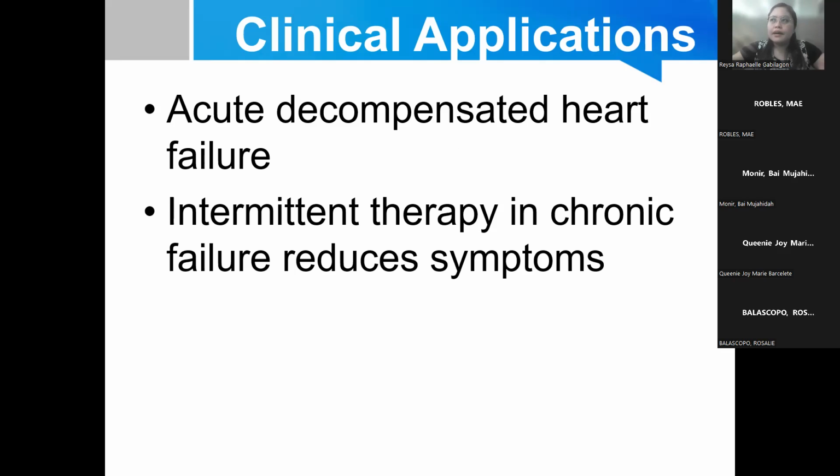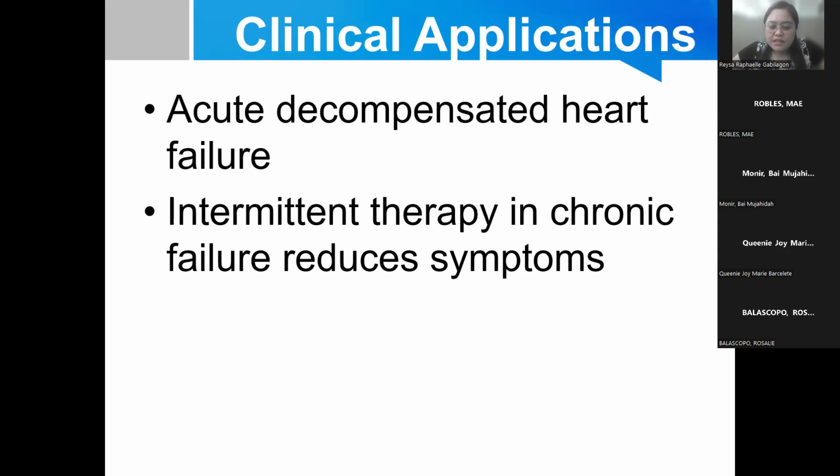When the patient is brought to the hospital, for example, what we give most likely is epinephrine. That's our emergency drug. If epinephrine is not enough, that's the time we add dobutamine just to make the heart contract. So that is during acute heart failure.